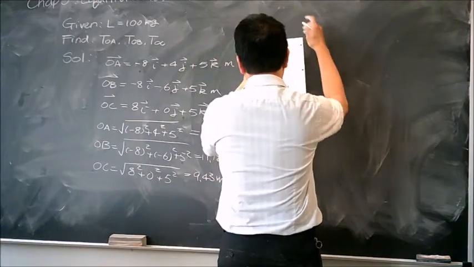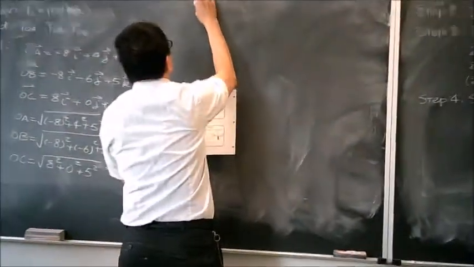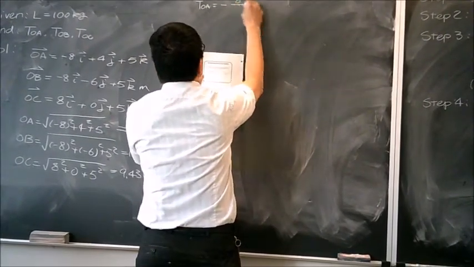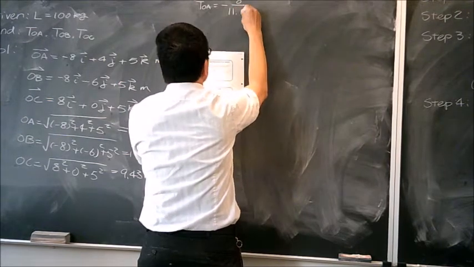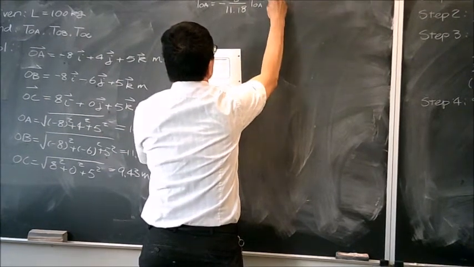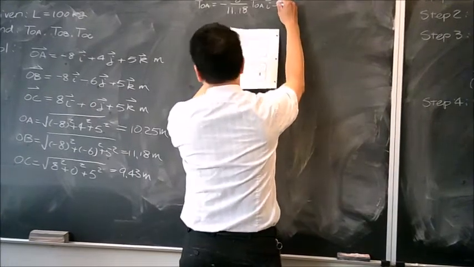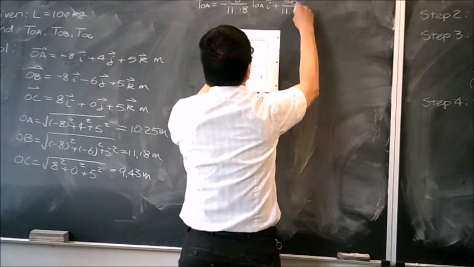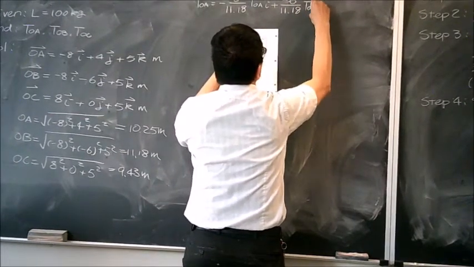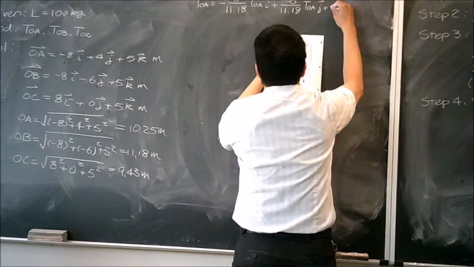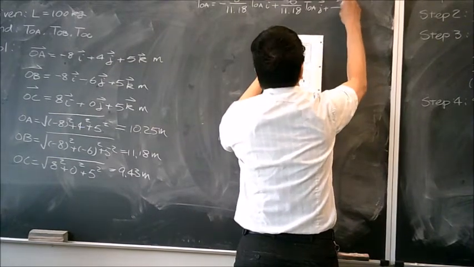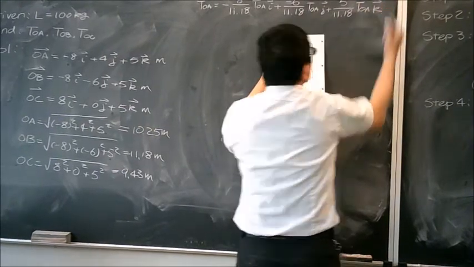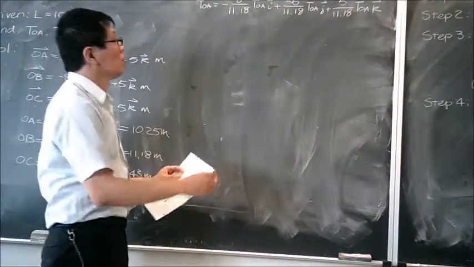So with that said, POA becomes negative 8 divided by 11.18 POA i plus negative 6. Should be 10.25.